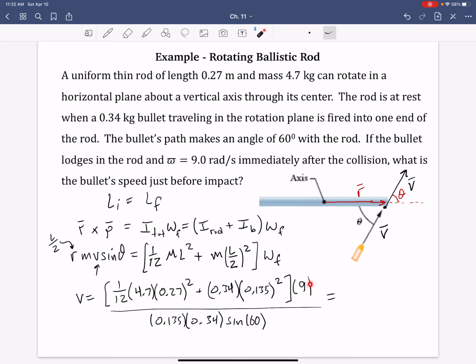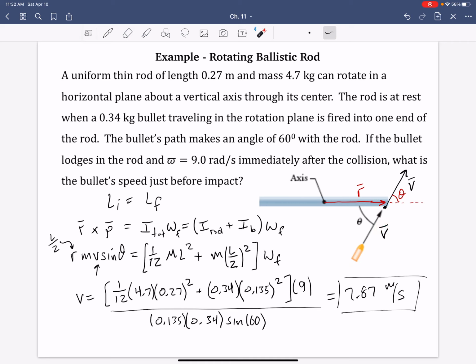Here, we have to use SI units to get meters per second for the speed v. So we should get a final answer of about 7.87 meters per second. And that's the initial speed of the bullet right here before impact.